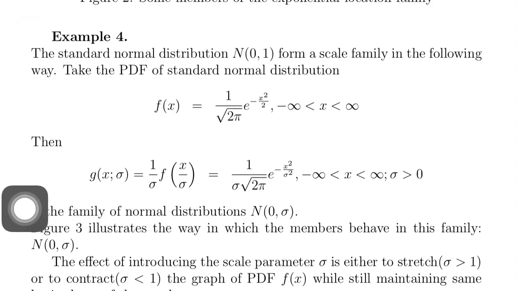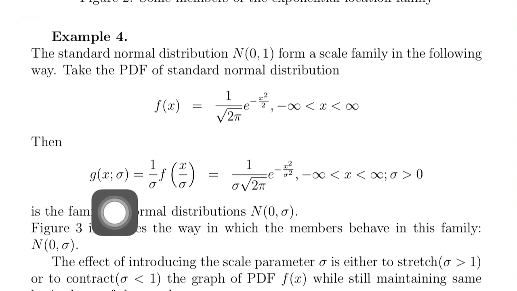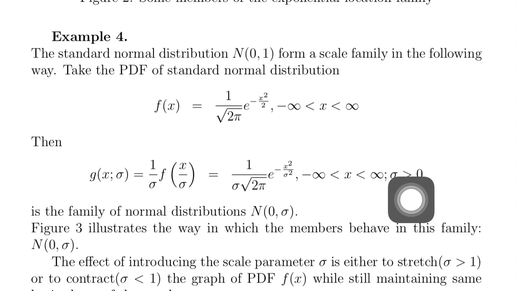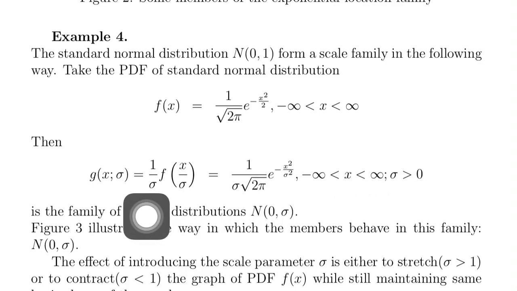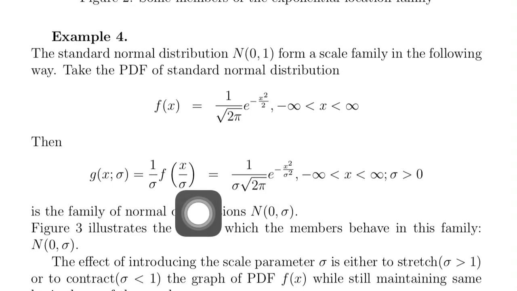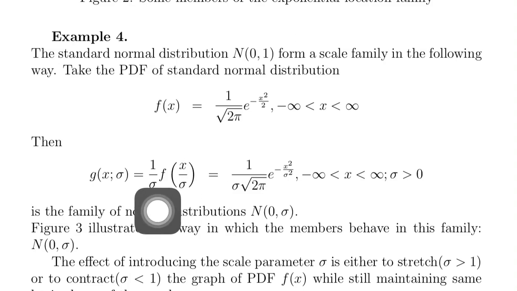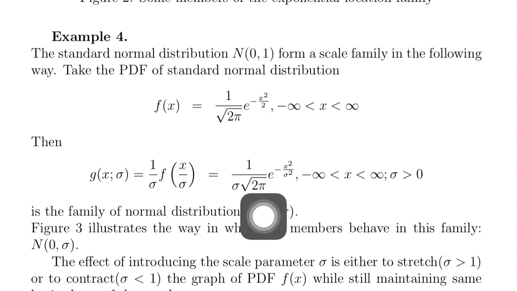You construct the new PDF g(x; sigma), and remember sigma should be greater than 0. What you are doing is first taking 1 by sigma, then f of x by sigma, that is, you are replacing x by x by sigma, and you pre-multiply this f with 1 by sigma. And what is the resulting distribution?